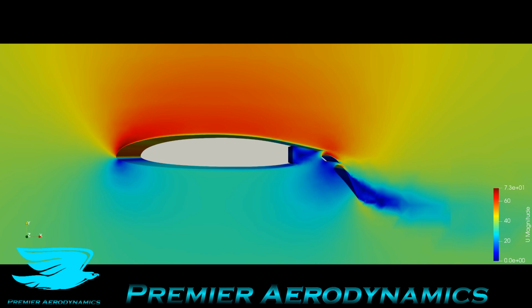Okay, so we have this image here, and we have it colored. This is a slice now, so we can see again the velocity plotted, and it's very simple to see which part of the airfoil is stalling. It's obviously the third element. You can see there's a massive blue section there, which indicates very slow moving fluid, and that indicates that the flow is not staying attached over the top, so it's not really producing much lift.